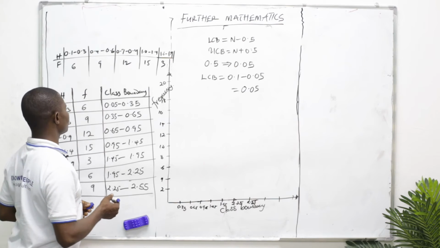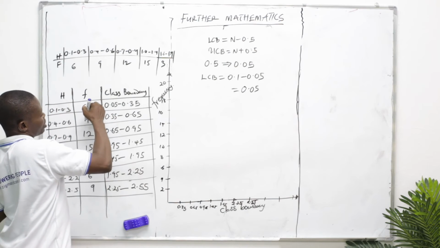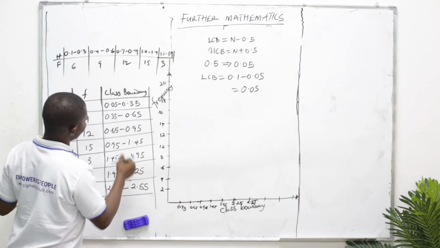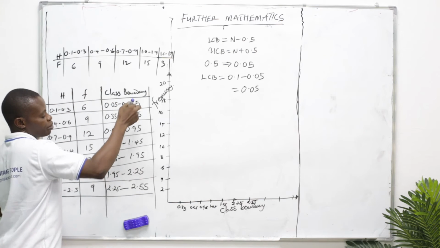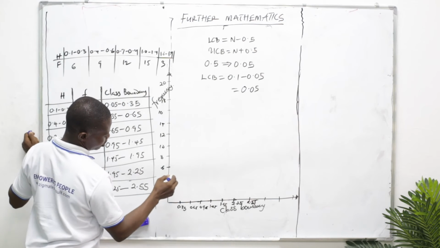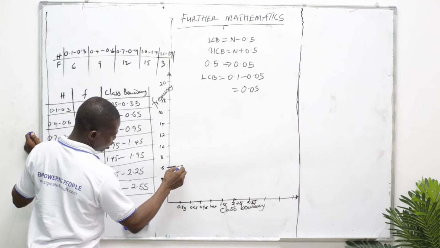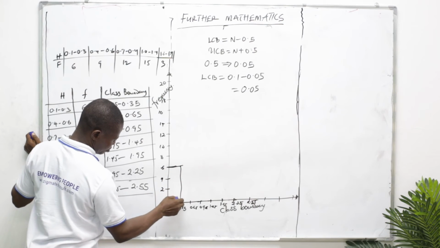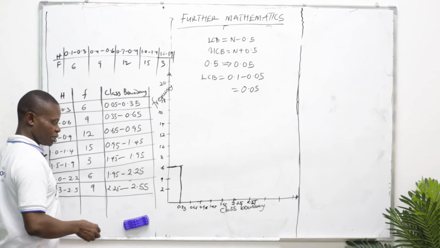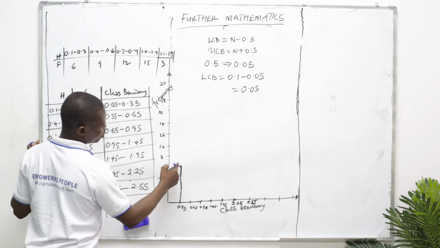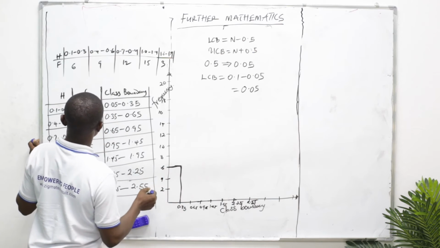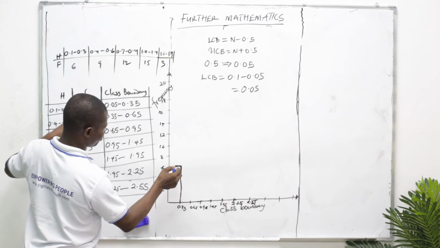Now, when the frequency is 6, it was ranging 0.05 to 0.35. Look at 6. Carefully use your ruler. Remember the rule in histogram. The length and width, they must be the same, and they are joined together. So under 9, it was 6.5.